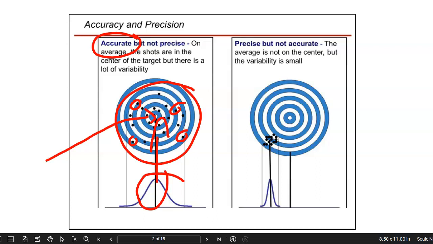In the next example, we're taking a little look at precision. If the bullseye is the true value of the phenomena that we're trying to observe and record, we were unable to capture the true value, but we were very consistent in the output recordings that we put down. It's precise, but not very accurate.